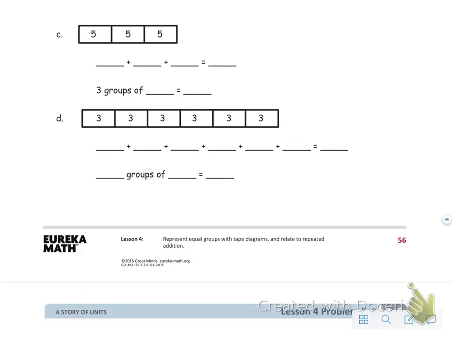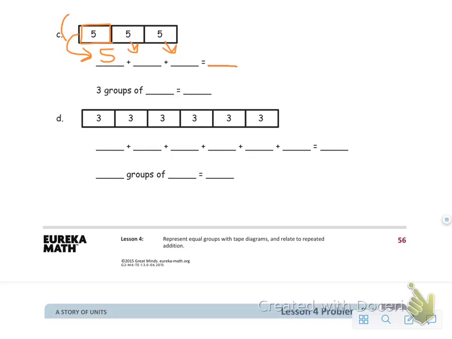Alright, so as you can see, we've moved from the pictures to numbers in problem C, so we just have groups of 5, okay? So you would simply just take that number and move it down here, and then of course fill in the other blanks as well as the total.